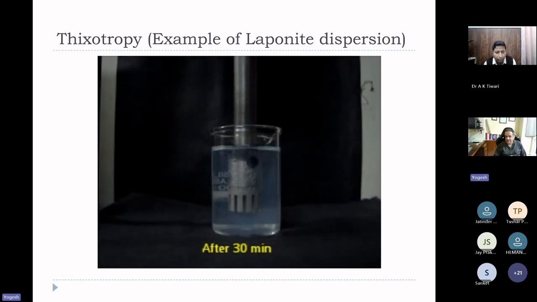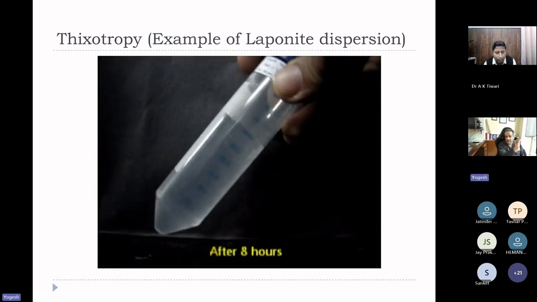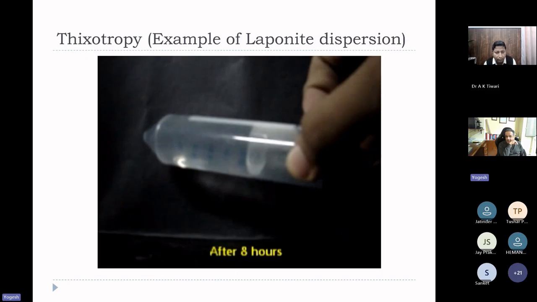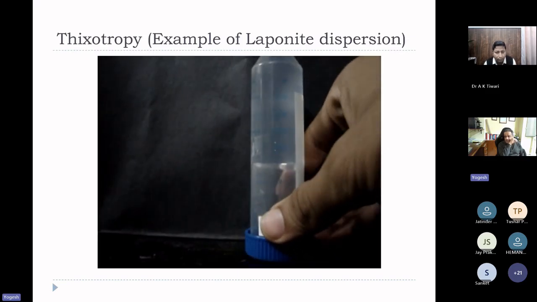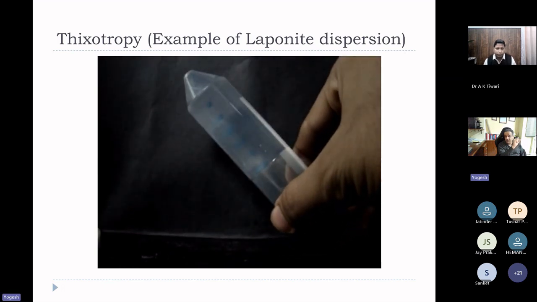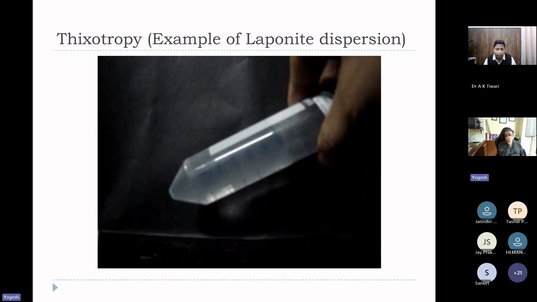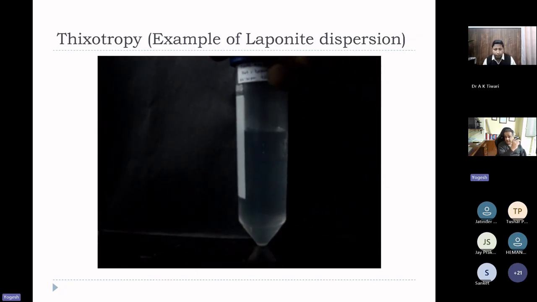After good stirring, the material becomes so transparent that you cannot tell the difference between clear water and this. And if you keep it for some time, these particles, which are extremely small in amount, form a space-spanning network that is so strong that it supports its own weight.